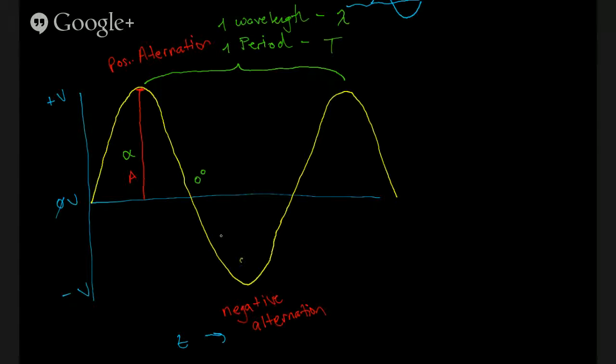Our peak is at 90 degrees. And we meet the origin again at 180 degrees. So on and so forth. 270 and 0 degrees. The cycle starts over.